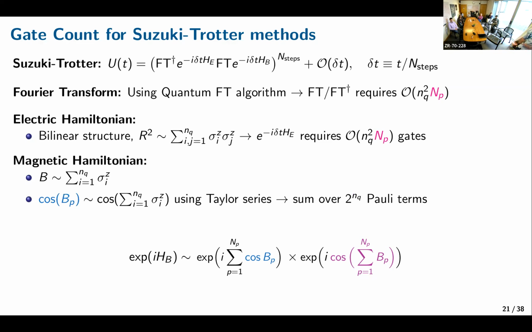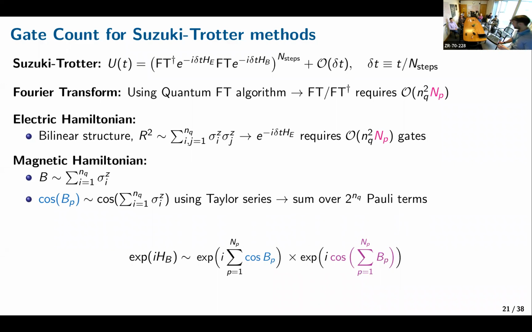This cosine of a magnetic field operator, to figure out how many gates it uses, we're going to Taylor expand a cosine. The cosine is a sum of Pauli Z's, and if you Taylor expand this, you get all powers of this sum, which means you get all possible combinations of products of Pauli Z operators acting on these n_q qubits. So the number of terms in this Taylor expansion is 2 to the power n_q.